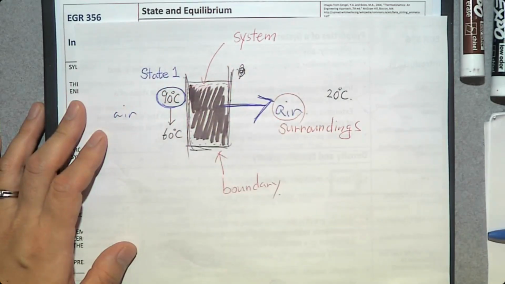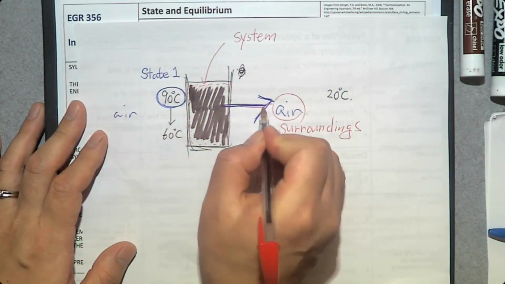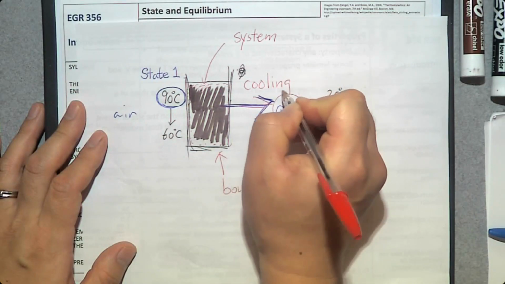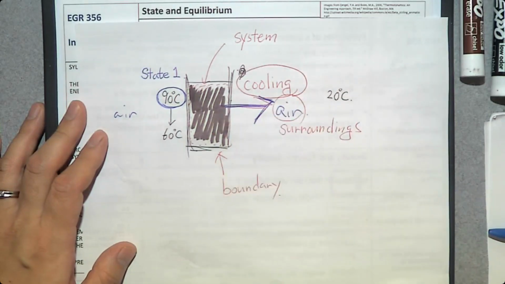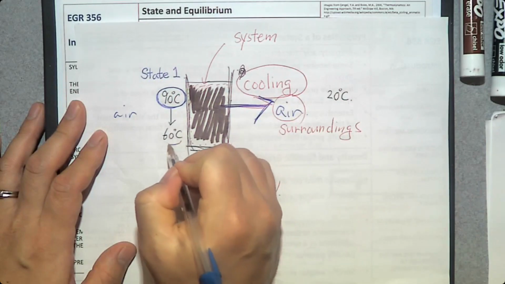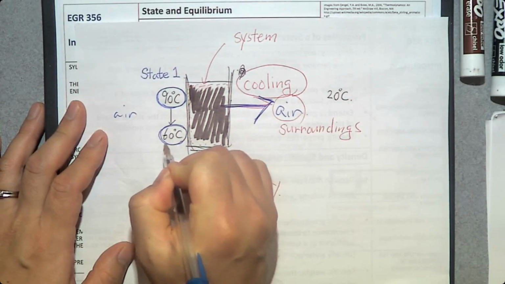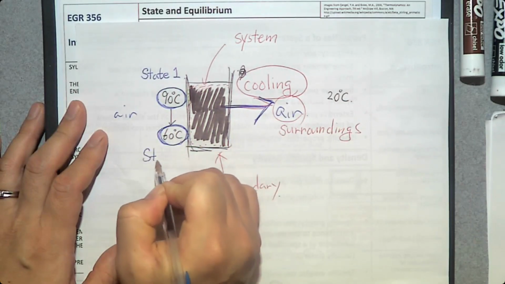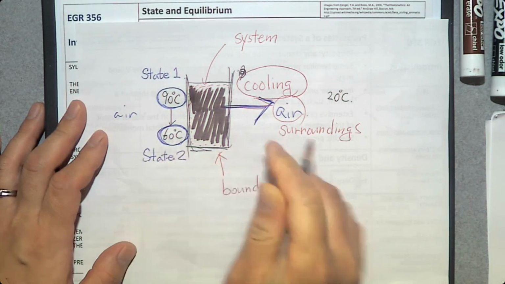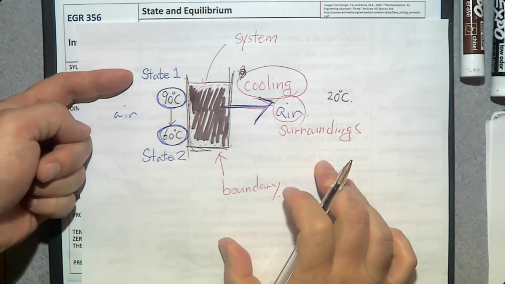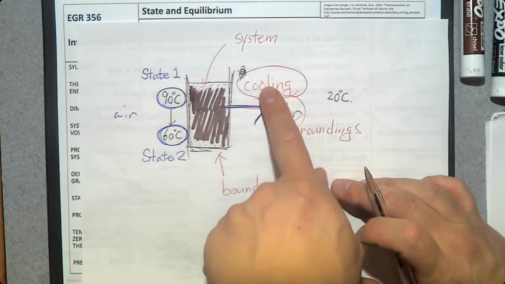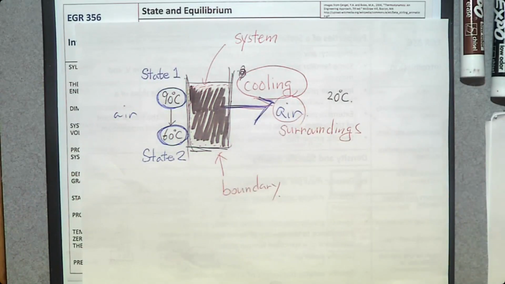And this is a cooling process, so heat is removed. During this cooling process, the temperature of the coffee became 60 degrees Celsius, state number 2. So this is the initial state, this is the final state, and the process is going to be a cooling process.